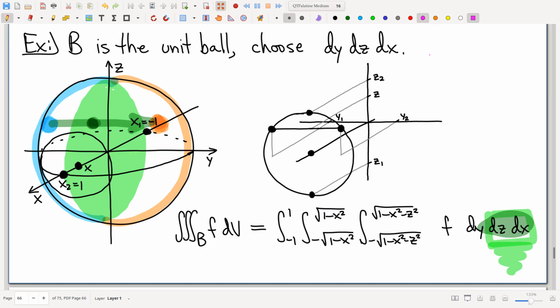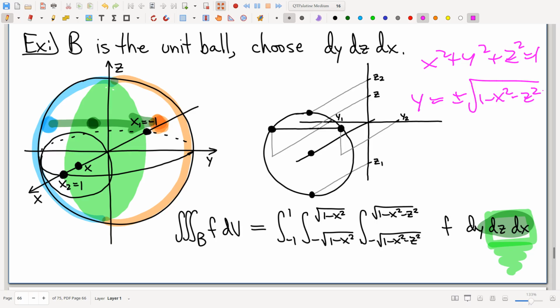We know the sphere overall is x squared plus y squared plus z squared equals 1. Solving for y, y is plus or minus the square root of 1 minus x squared minus z squared. And which of these is the purple and which is the orange and which one is the blue?